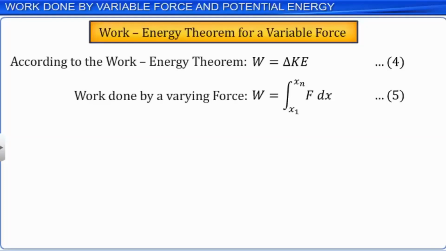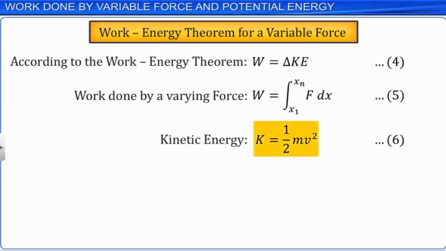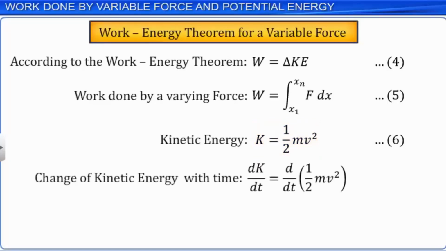If the velocity of the object at an instant is v, then its kinetic energy at the instant is expressed as half mv square. Let this be equation 6. On differentiating equation 6 with respect to time t, we get the rate of change of kinetic energy as dK by dt equals d by dt of half mv square.